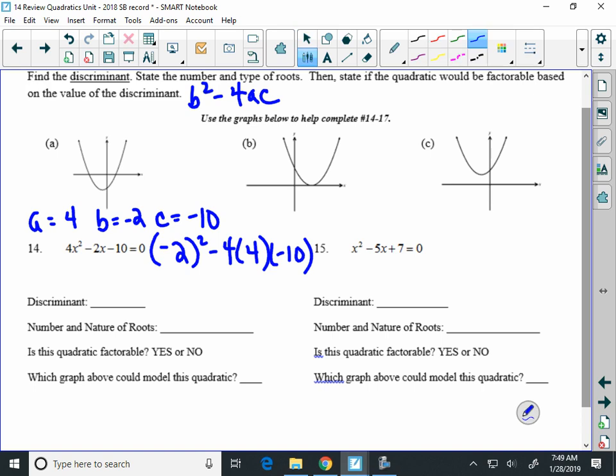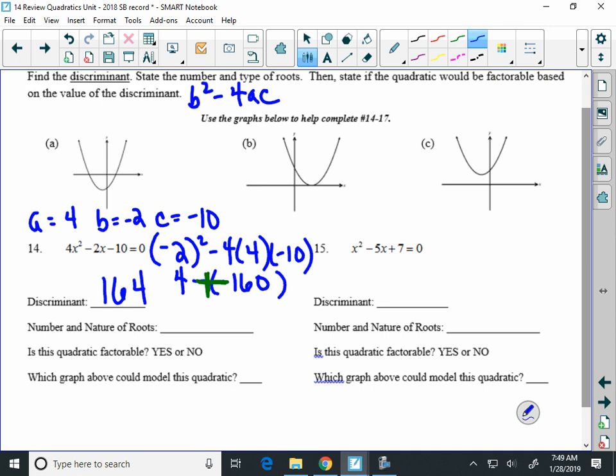We get 4, and then 4 times 4 is 16 times -10, which is -160. And double negative gives us positive, and I'm going to pull up the calculator on the next one, but we get 164. That's our value for our discriminant.